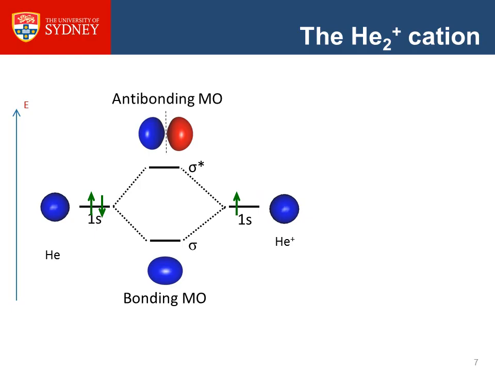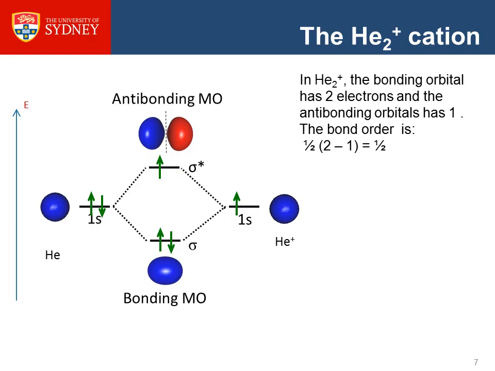Their molecular orbitals will be formed and filled initially with 2 bonding sigma electrons and a single sigma star electron. So the bond order for this system is 1/2 multiplied by the number of bonding electrons, 2, minus the number of antibonding electrons, 1. So the bond order ends up being 1/2.